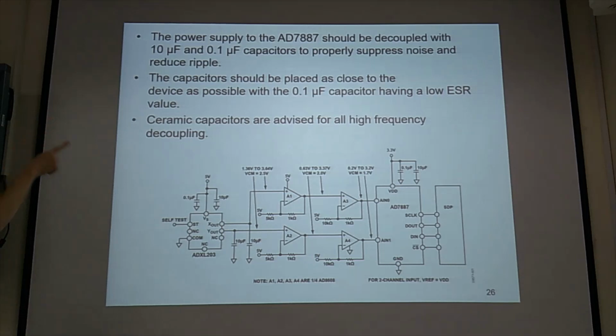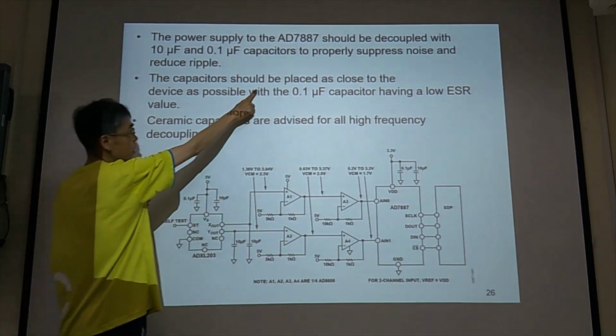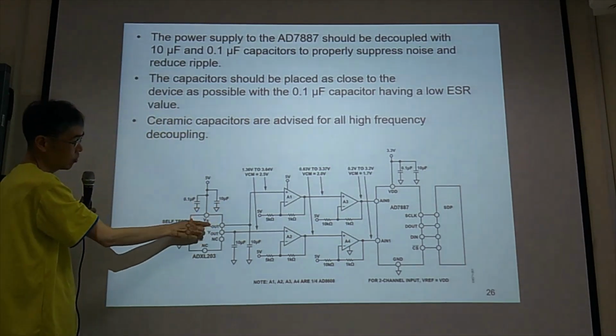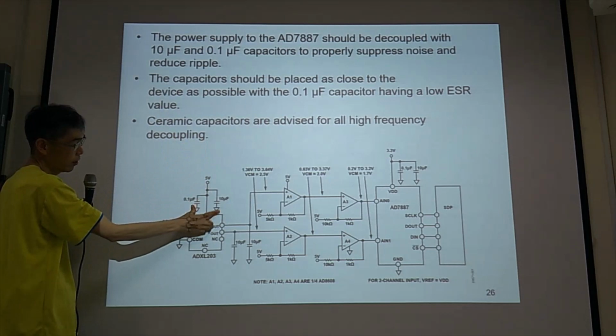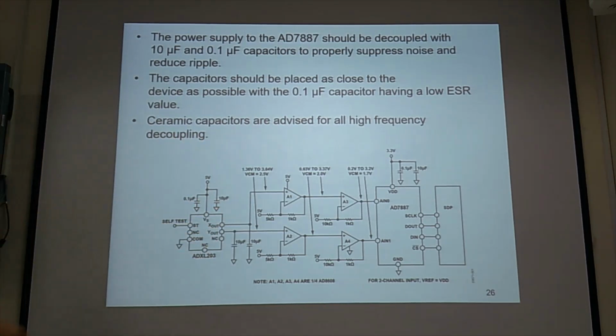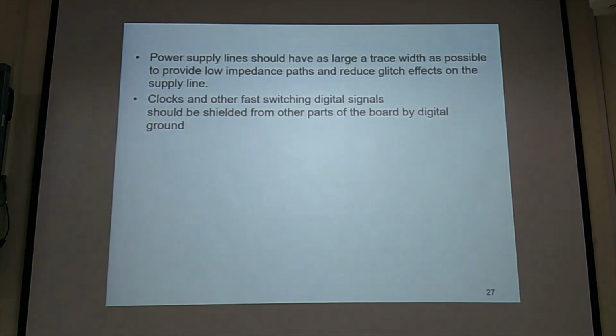Then the capacitors, this one and this one, should be placed as close to the device as possible. They cannot be too far away. They need to be very close to your device. Ceramic capacitors are advised for high frequency. So ceramic capacitors preferred.